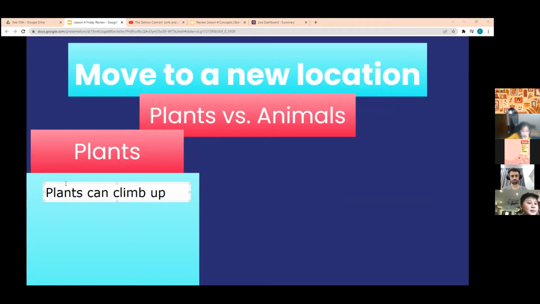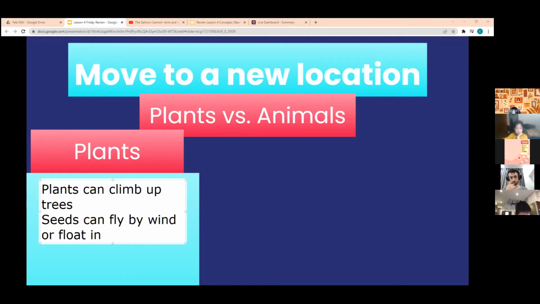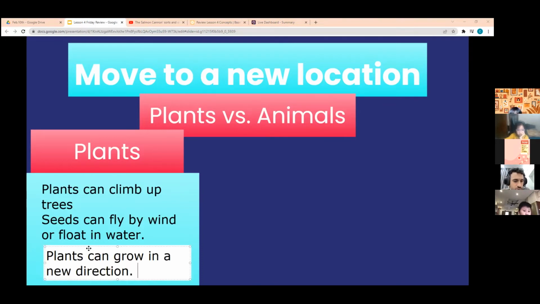And seeds can fly by wind or can be carried in the water. Exactly. Good examples, Misha. So seeds can fly, plants can climb, and plants can also grow in a new direction.